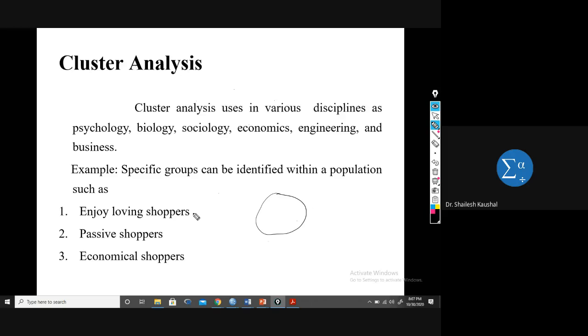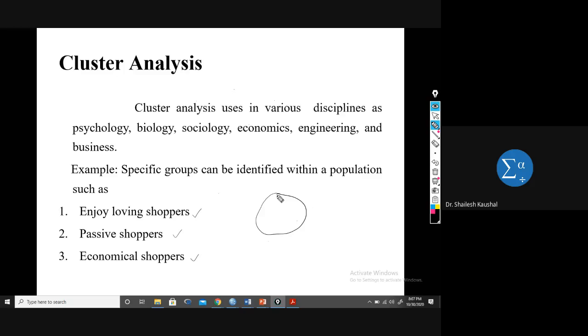Some people visit a shopping mall just for enjoyment, they are enjoy-loving shoppers, they enjoy while they buy products or services. Some are passive shoppers, they do not enjoy the shopping mall. Some are economical shoppers, they prefer to buy cheaper products.